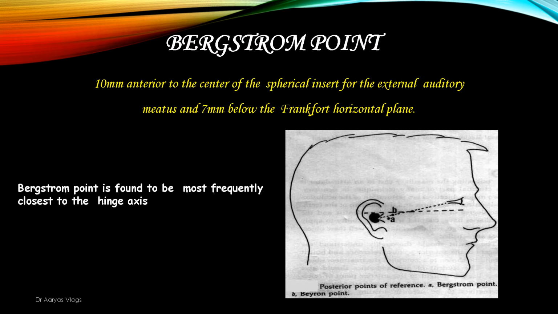First one is the Bergstrom point. This one is the Bergstrom point. What is its position? It is 10 mm anterior to the center of the spherical insert for the external auditory meatus, and 7 mm below the FH plane. This is the spherical insert for the external auditory meatus, and this is the FH plane.